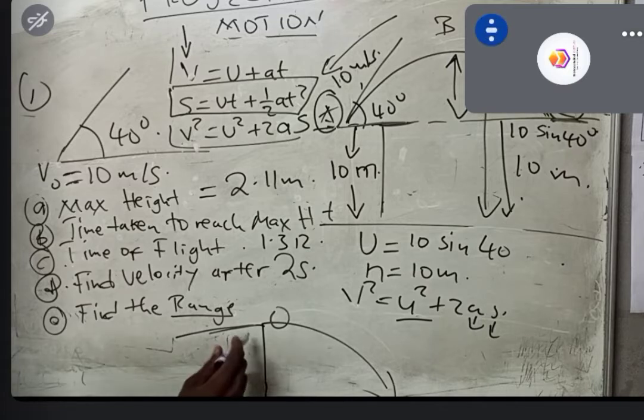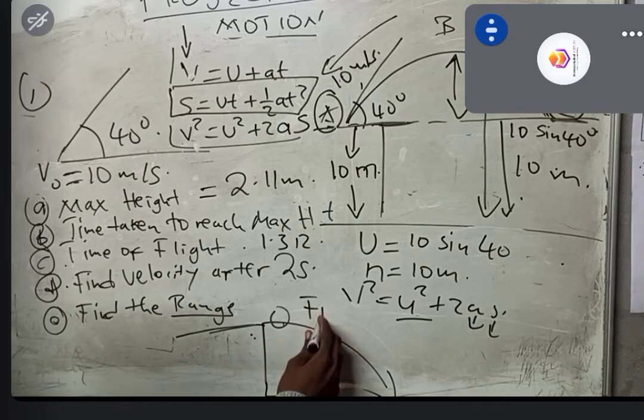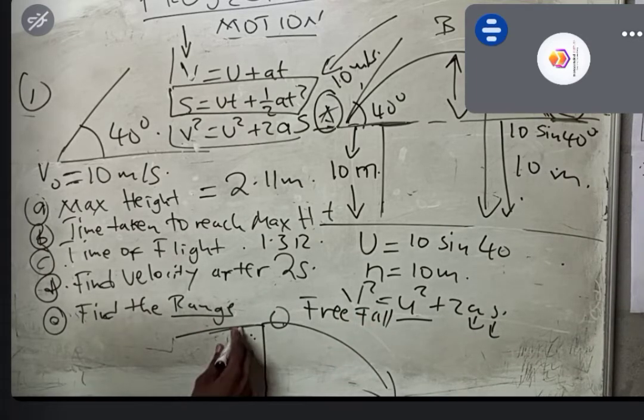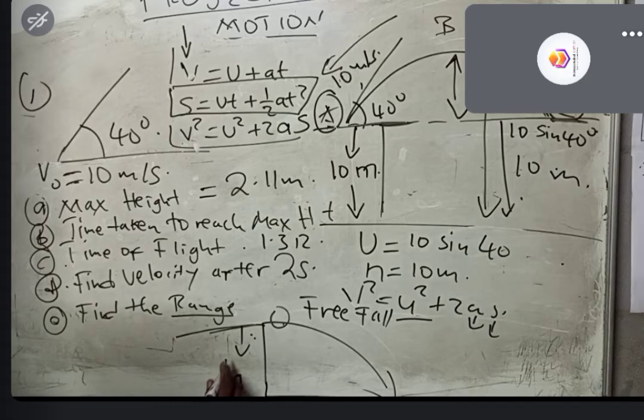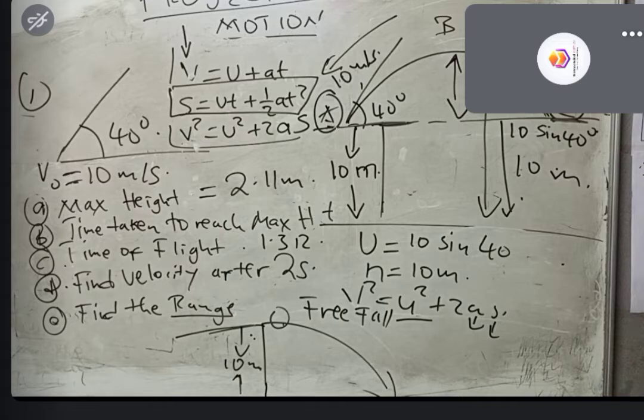I don't even consider this one to be an advanced projectile motion, because this is just like free-fall motion. So if you know the height is 10 meters, find the time it is going to take to drop down. How do you answer such questions, guys? These questions are not simple.